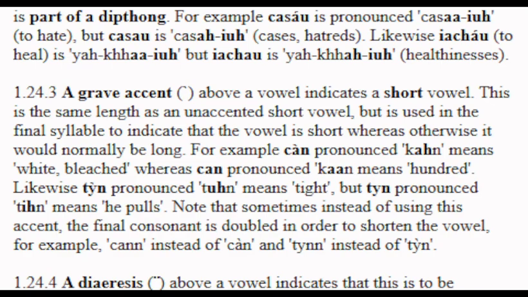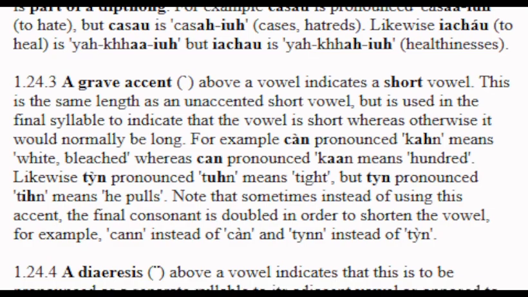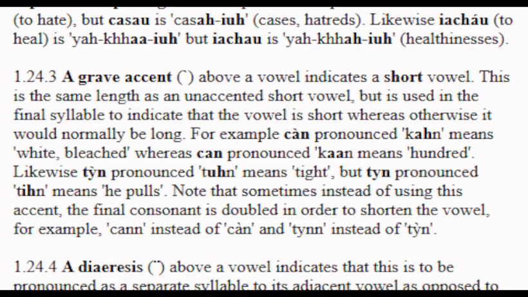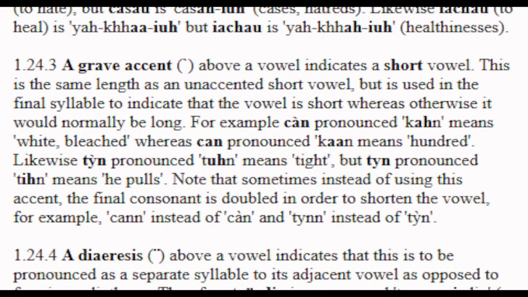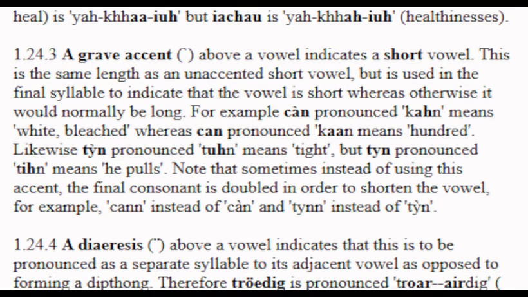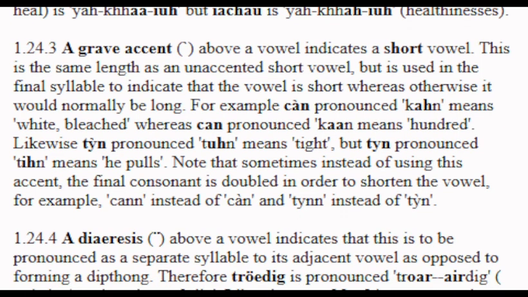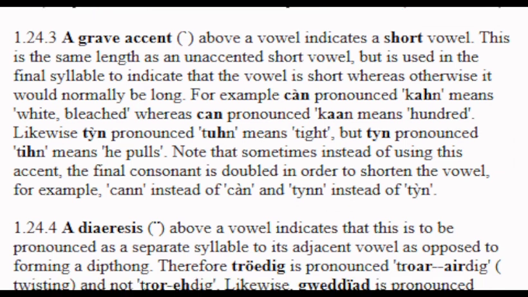A grave accent above a vowel indicates a short vowel. This is the same length as an unaccented short vowel, but is used in the final syllable to indicate that the vowel is short, whereas otherwise it would normally be long. For example, can, pronounced can, means white, bleached, whereas can, pronounced can, means 100.